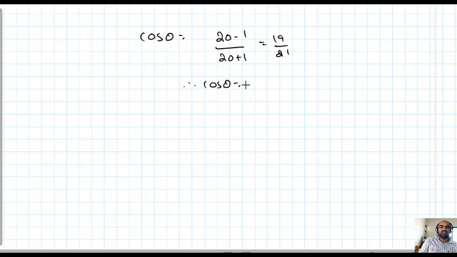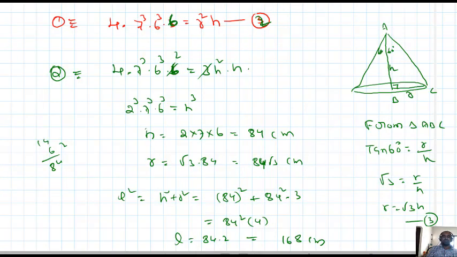Cos theta equals k square means 20 minus 1 by k square plus 20, that is 19 by 21. Therefore the required cos theta value is 19 by 21.